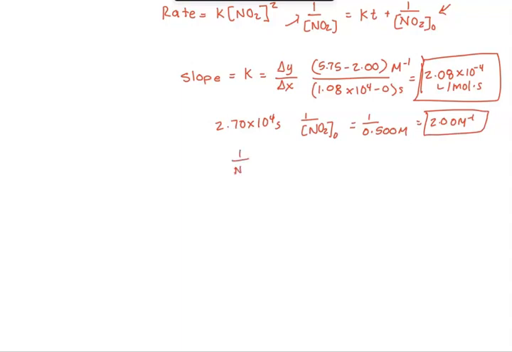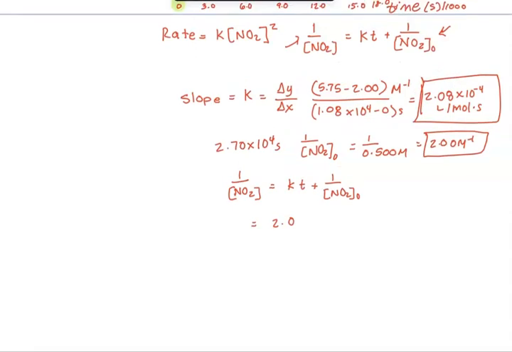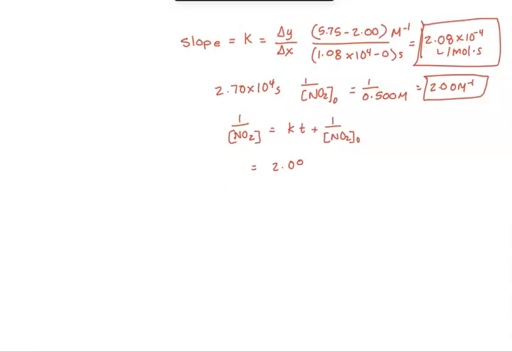Then it'll be 1 over NO2 equals KT plus 1 over NO2 naught. So let's go ahead and get these values and plug them in. This is our K, 2.08 times 10 to the negative 4.